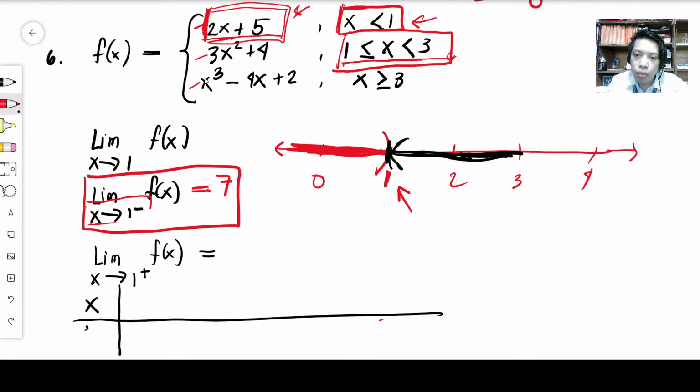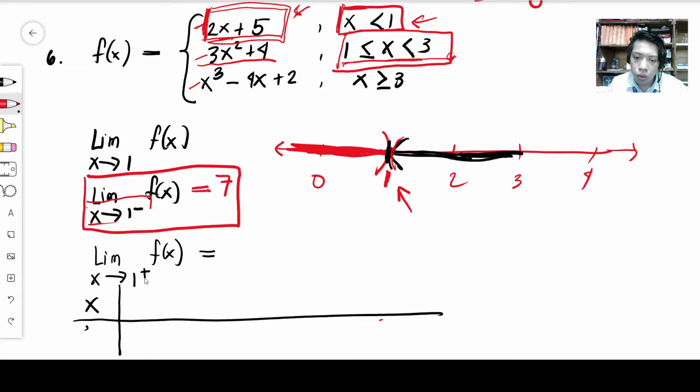Okay, so the function we will use is this function right here, because it satisfies the condition as x approaches 1 coming from the right. So this is the region.